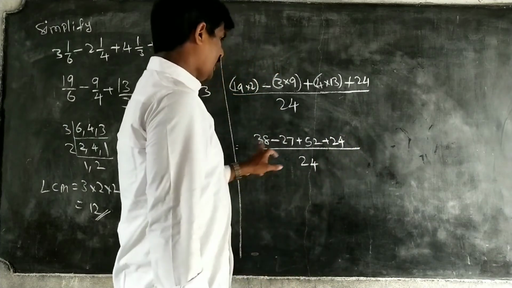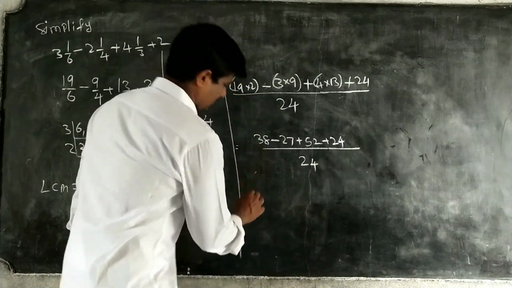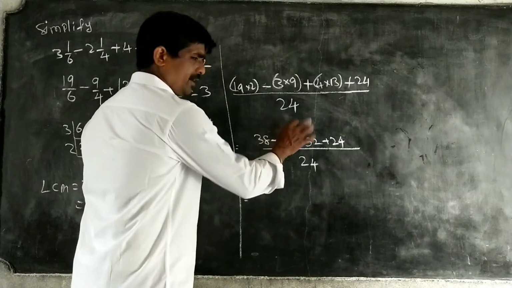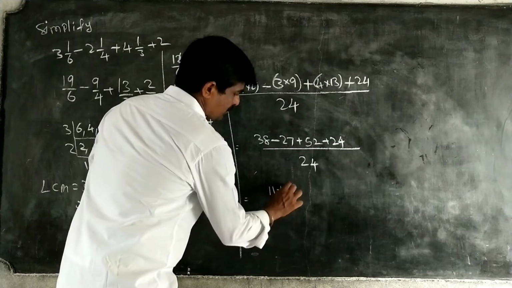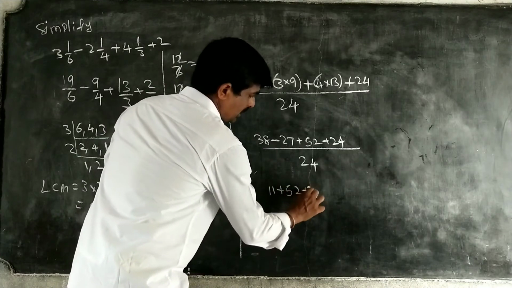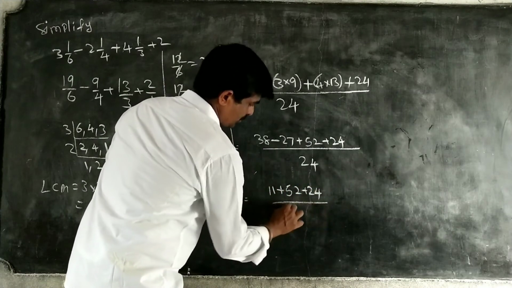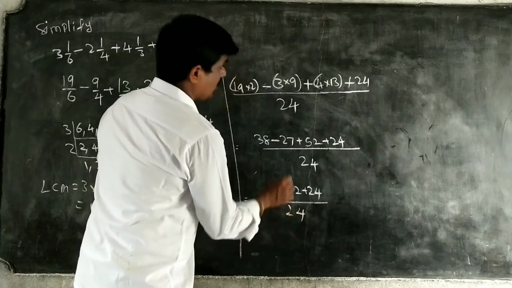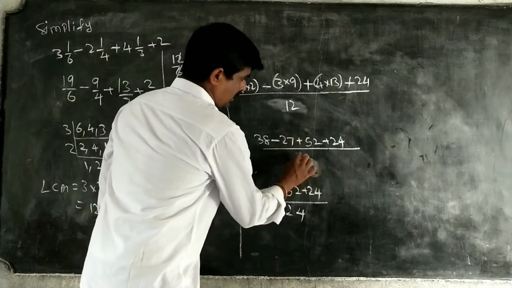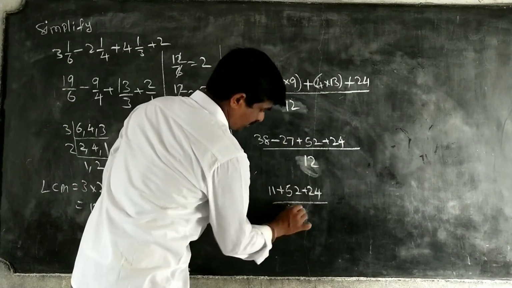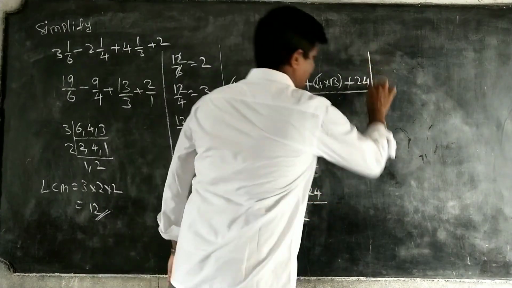Now I have to add place. First I have to do subtraction. Here begins, that's why I do 38 minus 27, 11 plus 52 plus 24 by 12. Sorry, LCM is 12 only, by mistake I wrote it differently, okay, right.